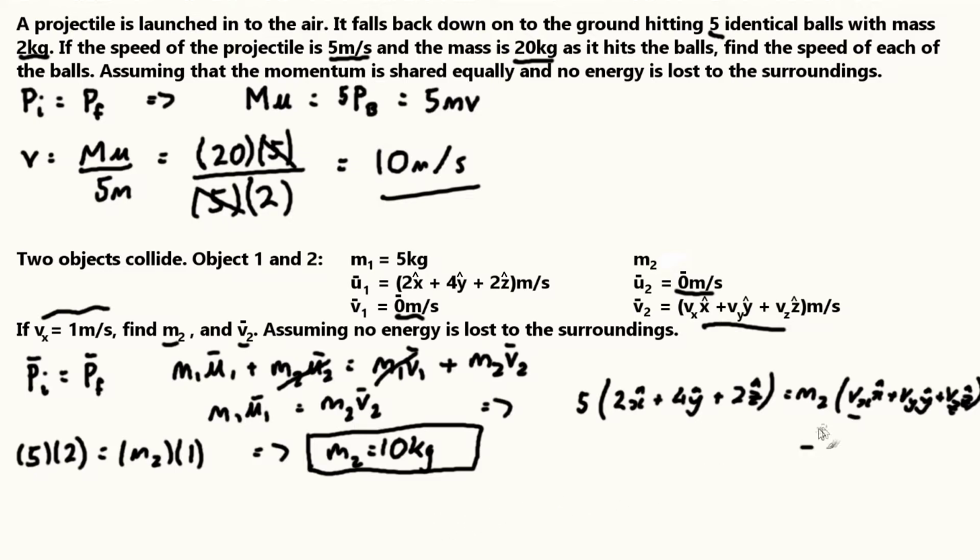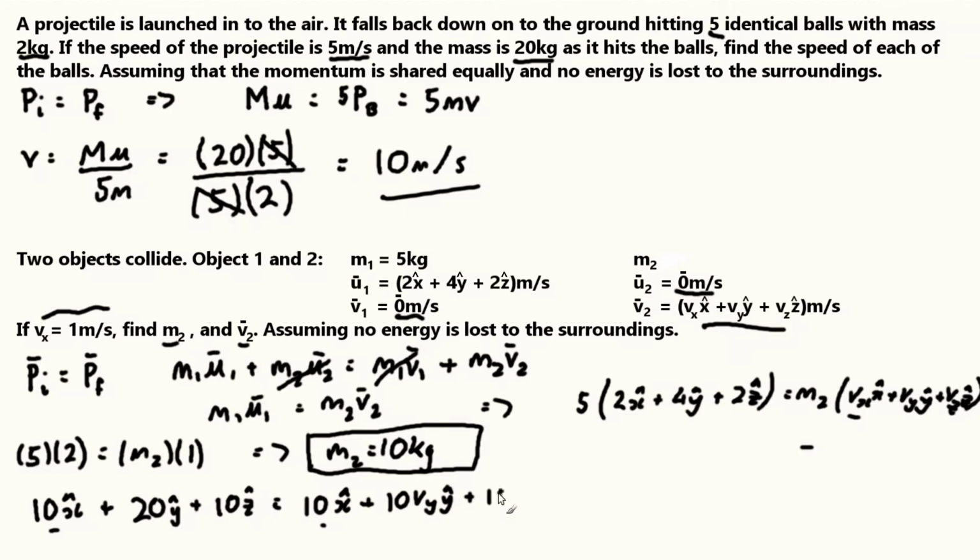Once we know this, we can sub m2 and vx back into our equation, and we can expand out the brackets, meaning that we get 10x hat plus 20y hat plus 10z hat equals, if m2 is 10 and vx is 1, that is 10x hat, and so you can see these two do in fact match up, plus 10 times Vy y hat plus 10 times Vz z hat.